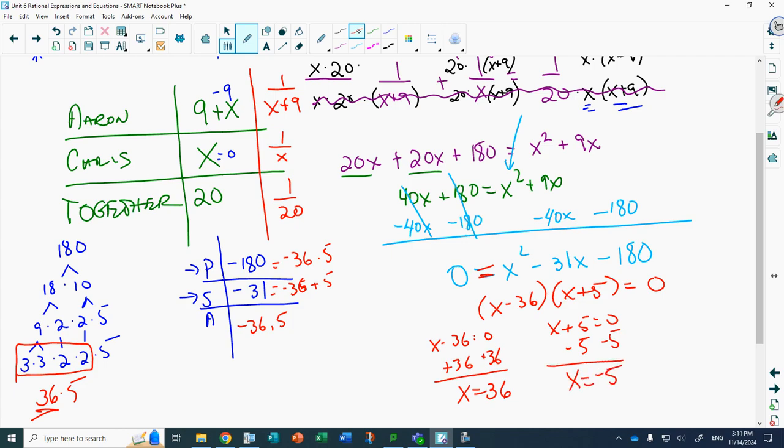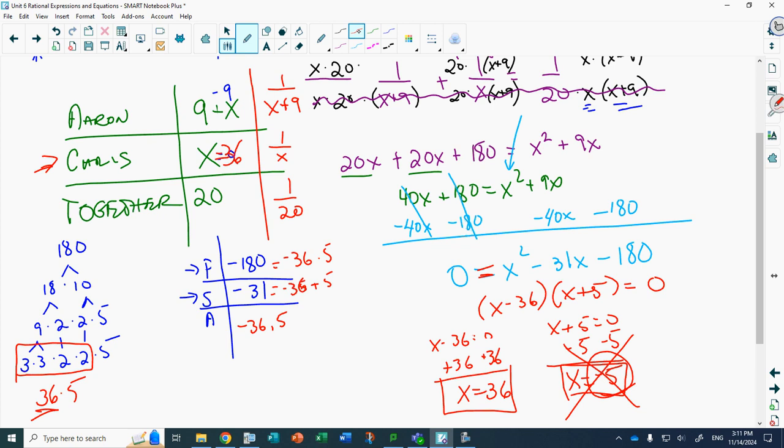But wait a second. What does x equals minus 5 mean? Look back at Chris. Chris does the painting in x hours. Do you mean that he can do the painting in minus 5? Oh, no, I don't think so. Chris can't do that in minus 5 hours. That's impossible. You can't take negative time. So the only answer that is logical is 36. So Chris equals 36 hours.